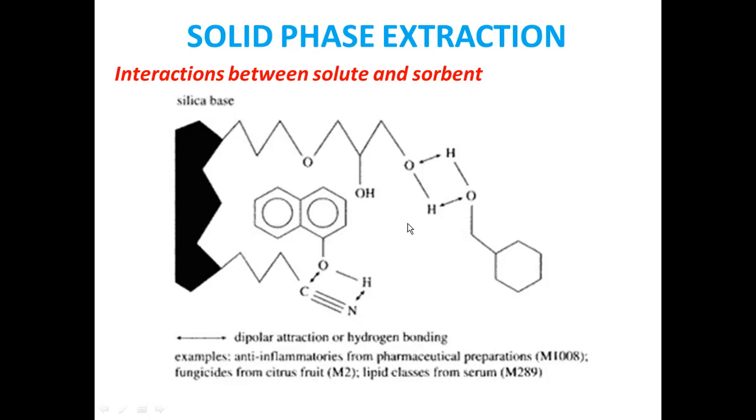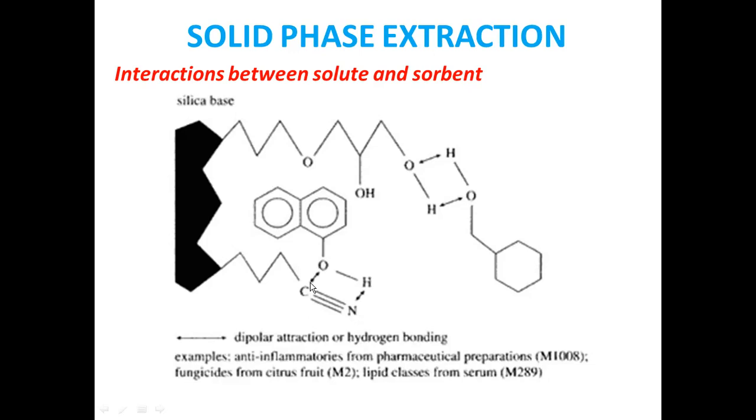If you pass these two compounds which are present in the sample, hydroxymethyl cyclohexane and naphthol, through the sorbent bed, the chances of interaction are either dipolar interaction or hydrogen bonding. Dipolar interaction between carbon and oxygen.